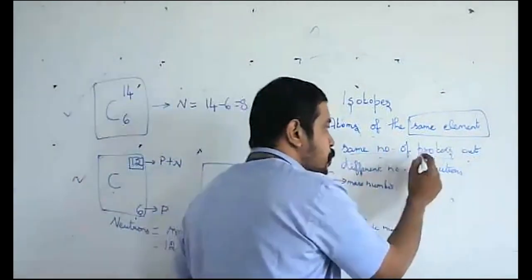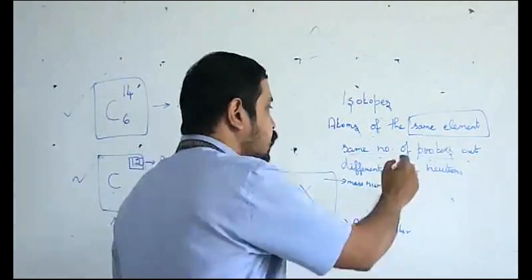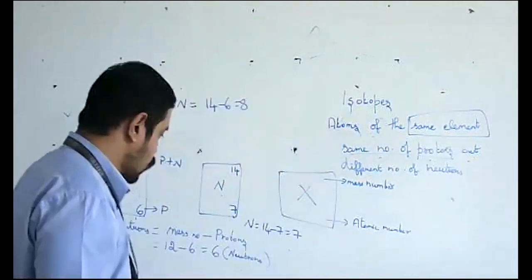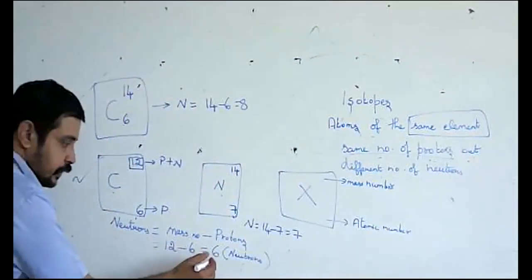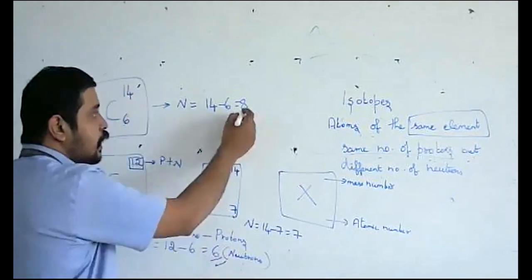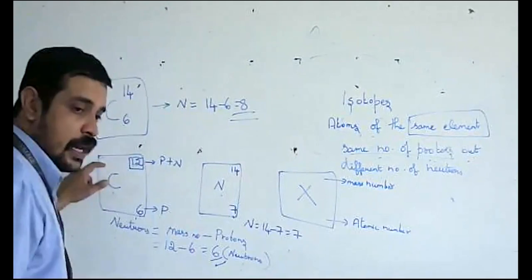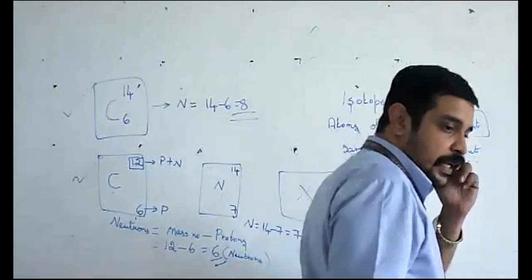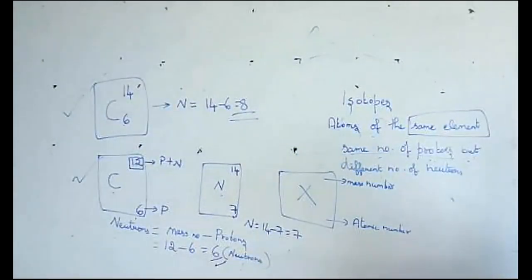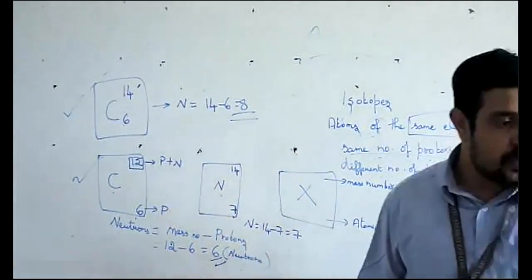But a different number of neutrons: the number of neutrons is 6 here and 8 here. So, we can tell that these two elements are isotopes of each other.